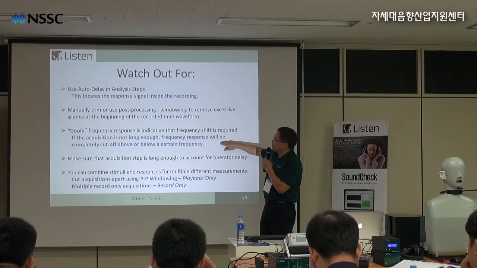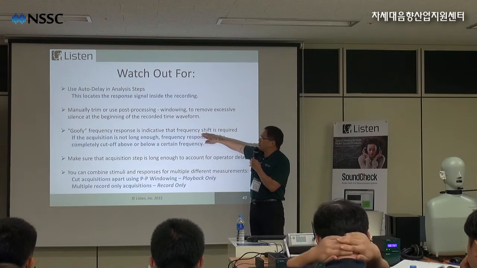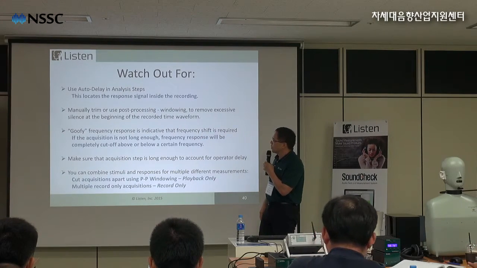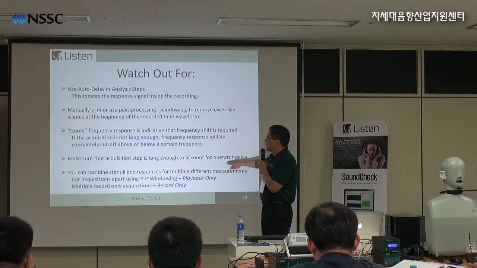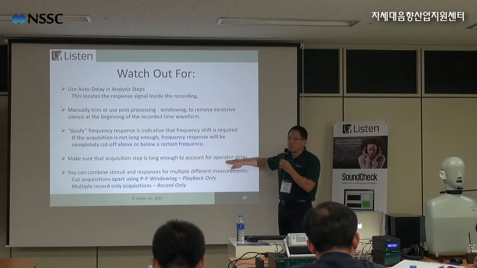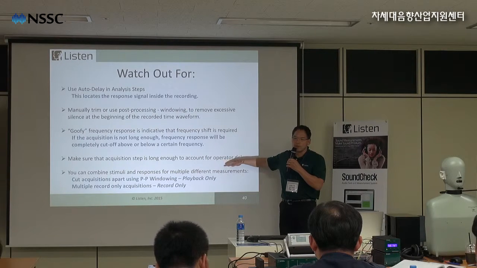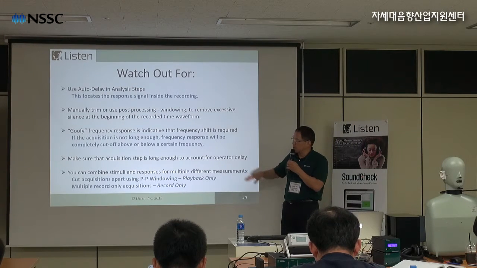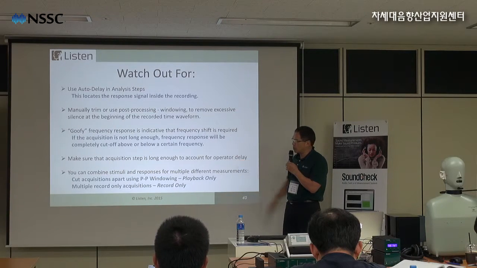If the frequency response looks funny, that's a sign that you do need to do a frequency shift, in case you didn't do that already. And you have to make sure there's enough time for the operator to do what they need to do as well. So there's timing involved if there's a line set up and the operator is having to do certain things. Make sure you account for that delay from the operator working.